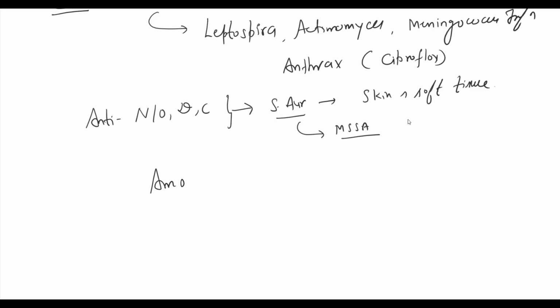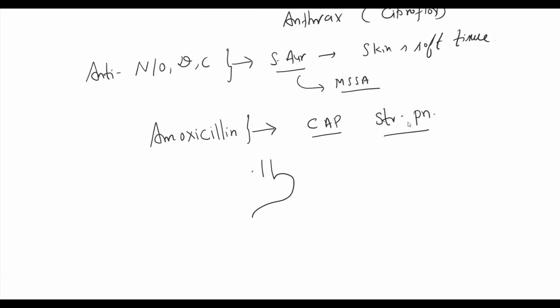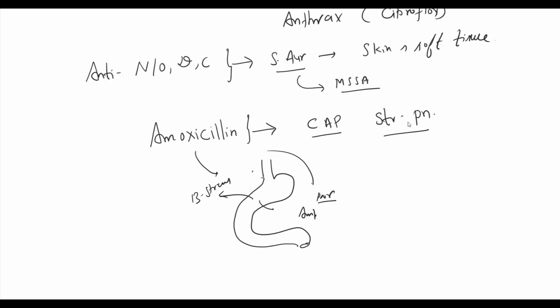Since amoxicillin covers pneumococcus, amoxicillin can be used in treatment of community-acquired pneumonia where the culprit is Streptococcus pneumoniae. Amoxicillin is absorbed well from the GIT, so it is good for bloodstream infection but poor for GIT infection, while ampicillin is poorly absorbed from the GIT, which makes it a good choice for GI infection.